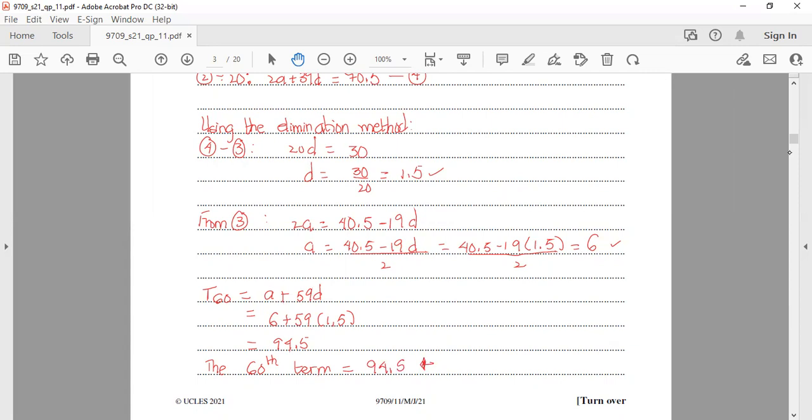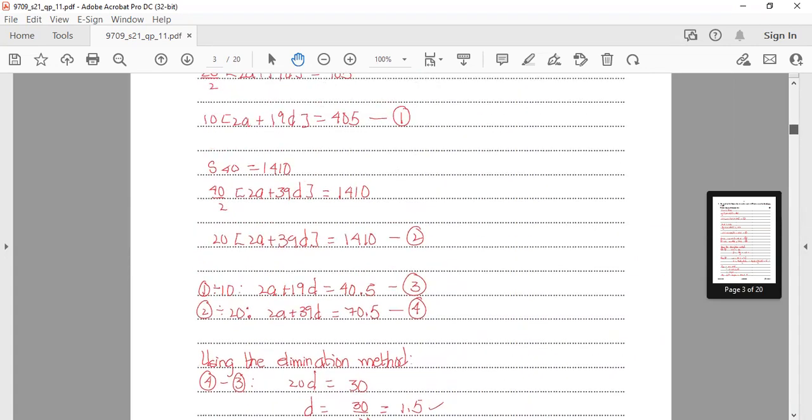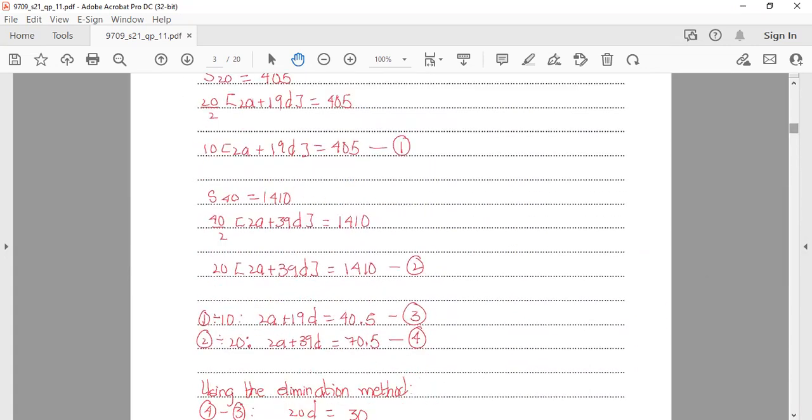Okay? Donc, for this question, the first mark is given here for finding the first equation. Deuxième point ici, pour trouver deuxième equation.